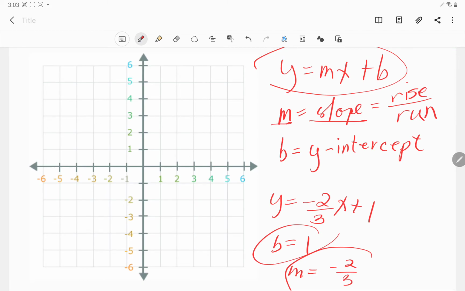The first thing we're going to do is plot the y-intercept, which is here, positive 1. And then from the y-intercept, how many rise do we have? We've got 2 rise, so that is a negative rise, which means you go 2 units down, 1, 2, and then 3 units to the right because this is a positive run, 1, 2, 3.